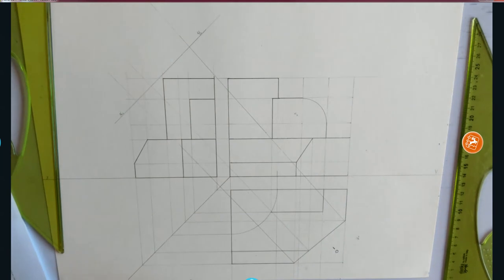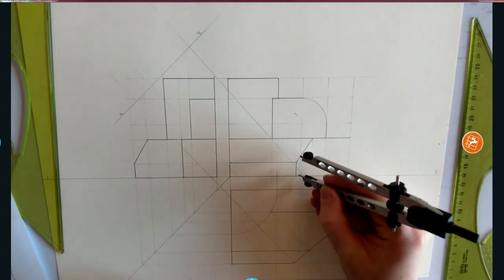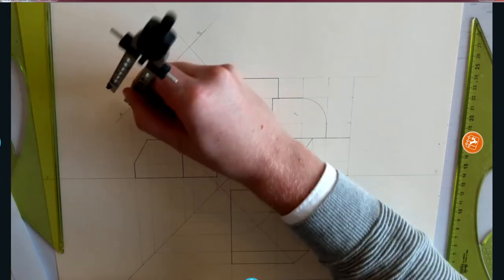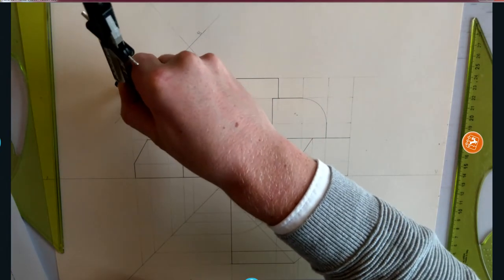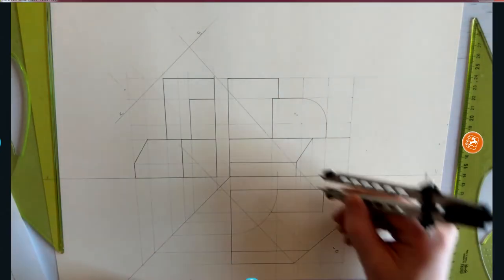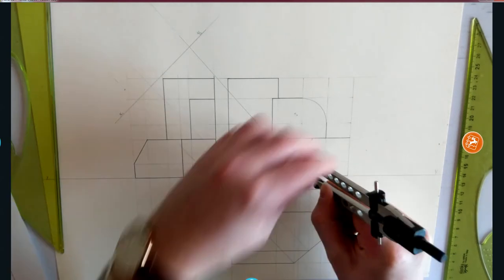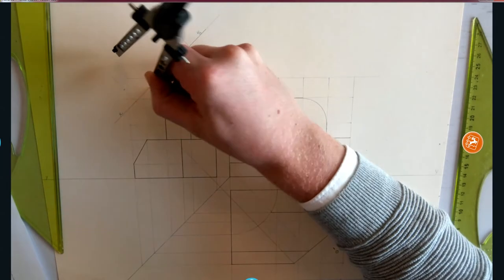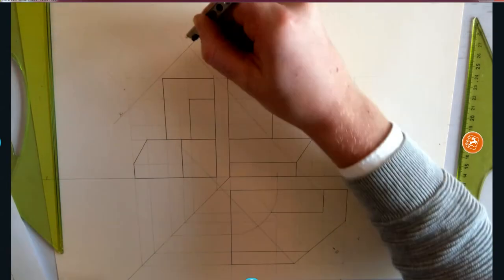And we are getting our heights from our elevation. So go down to our elevation to get the height. That's going to be our first height. And our second height. And our third height.